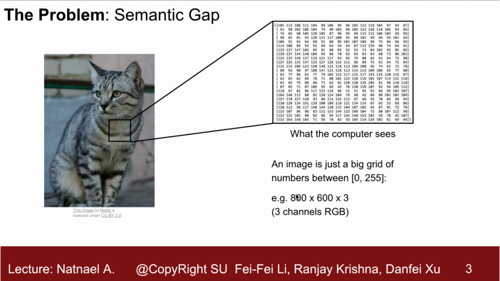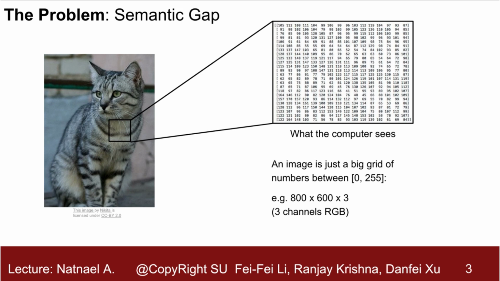So assume, for instance, you have an 800 by 600 image of a cat with 3 channels, each belonging to red, green, and blue respectively. Then the computer basically understands this image as an 800 by 600 2D matrix in 3 different channels.